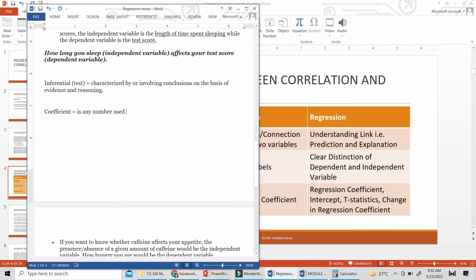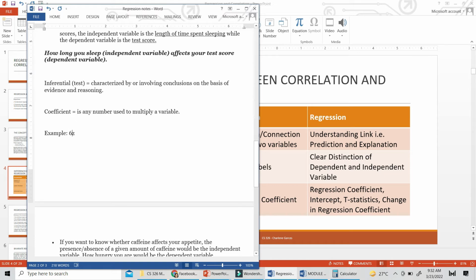used to multiply a variable. So let's say for example, 6z.